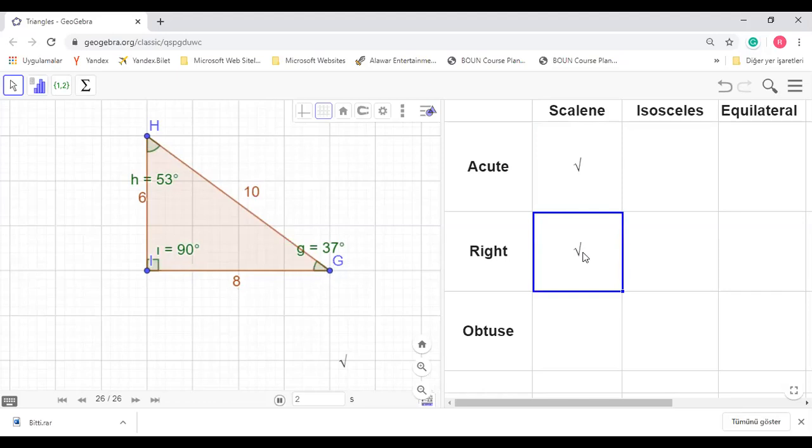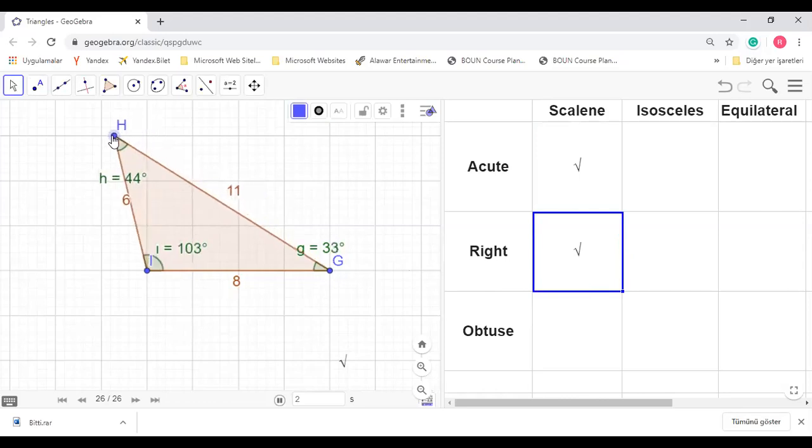Okay, can we create an obtuse scalene triangle? Let's try. Yes, we did it. Again, all sides are different and one angle is an obtuse angle. So this triangle is called an obtuse scalene triangle.